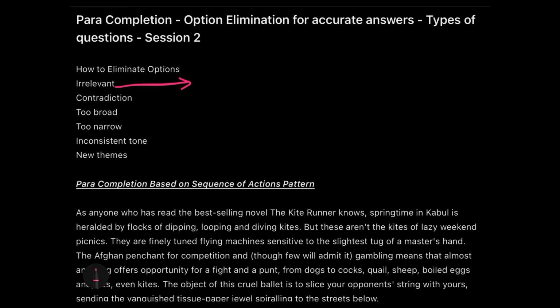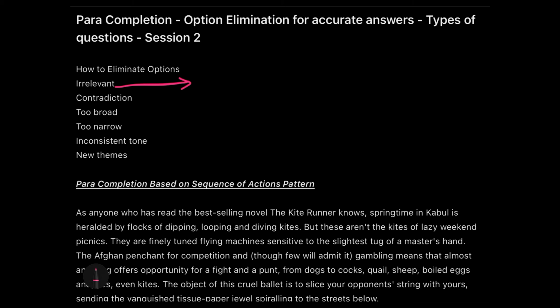Just like in my previous video, I gave an example where the major theme of the passage was students and their life cycle. But just because one part was talking about peer pressure, the conclusion in the final answer option was also talking about peer pressure. So that is vaguely connected. If you find something like that, please eliminate it because it is irrelevant to the passage.